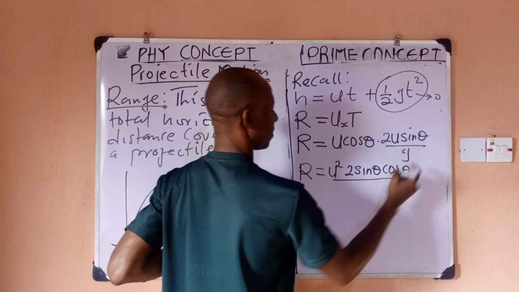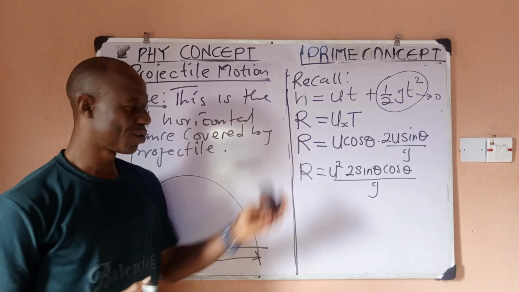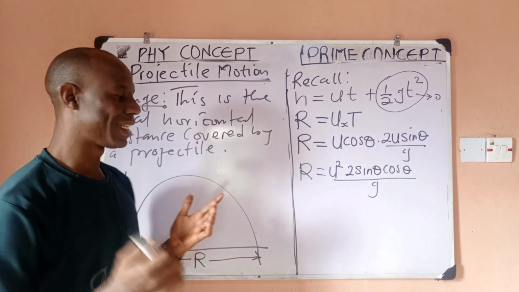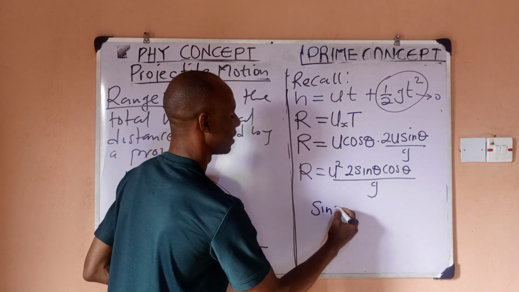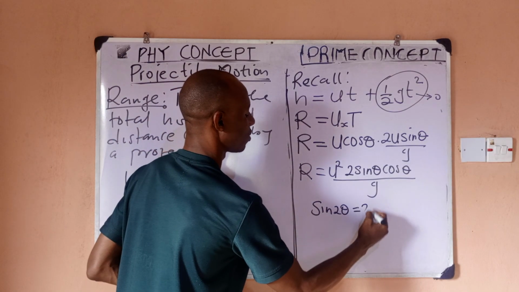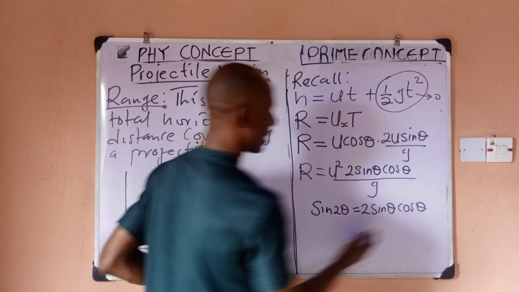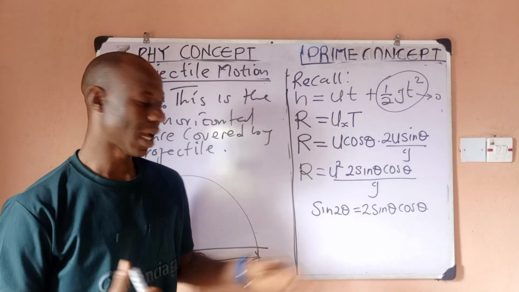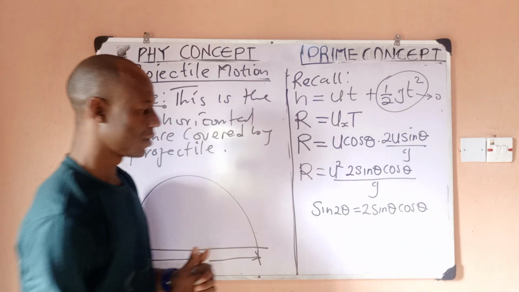So this is what we have, but I'm not going to leave it at this point because we know there's a trigonometric identity that says that sine 2 theta is equal to 2 sine theta cos theta. In my strict class, I'll be showing you how this was actually obtained. You'd learn it, but for now, let's just use it.